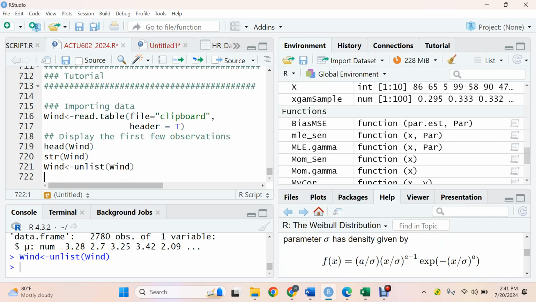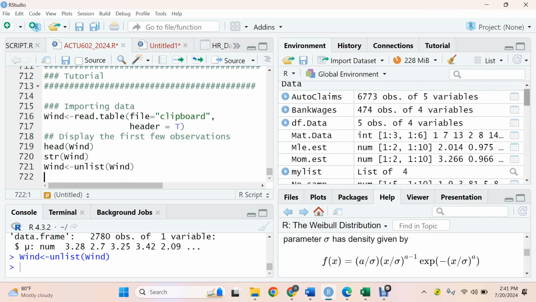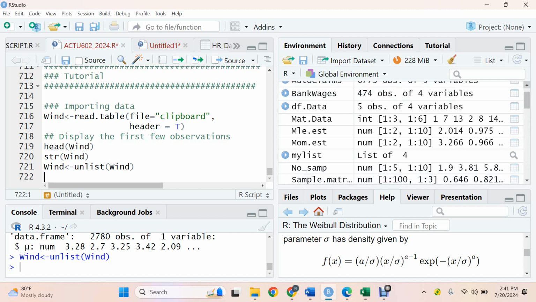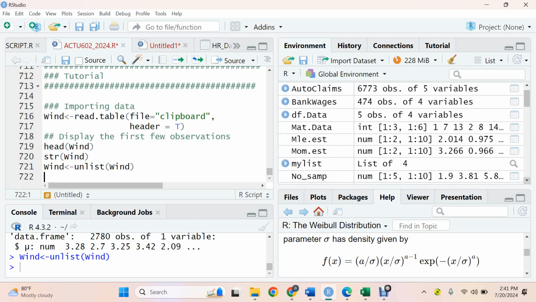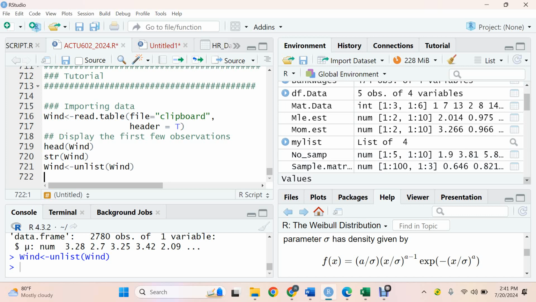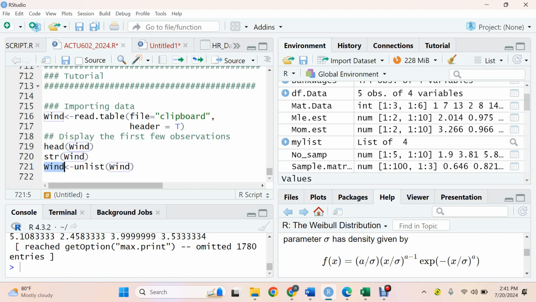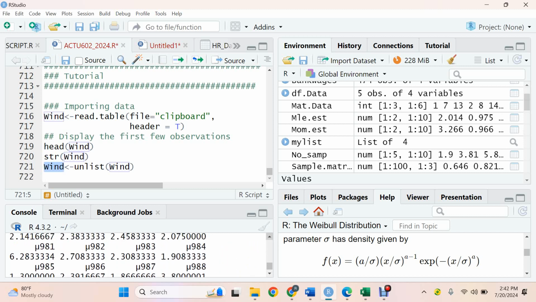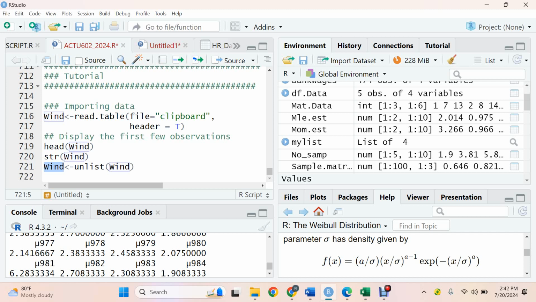So when we come here, I should have deleted all this. What's the name? Is wind, right? Oh, how come I'm not? Let's see. Yeah, so wind. Okay, unlist.